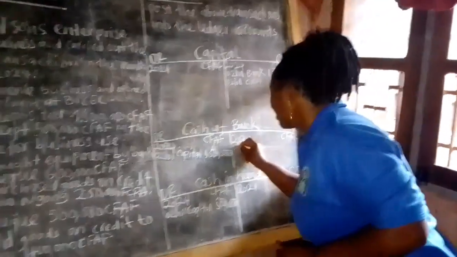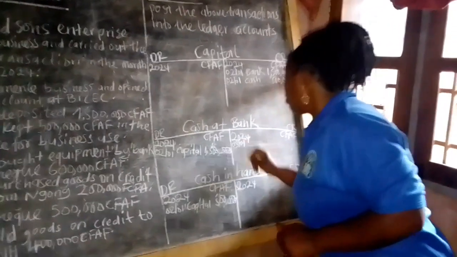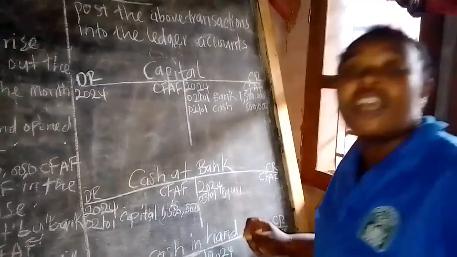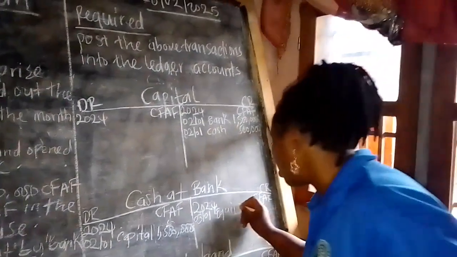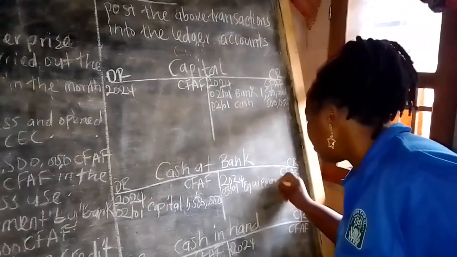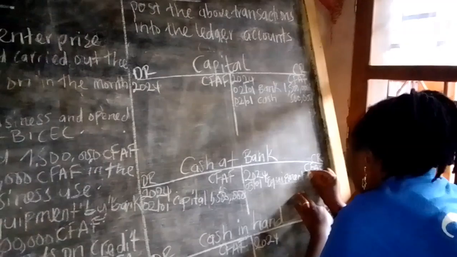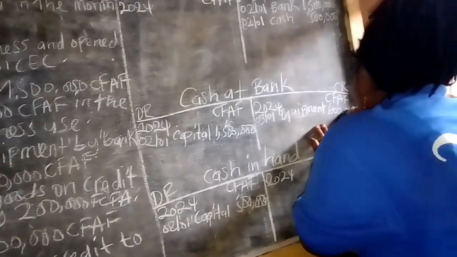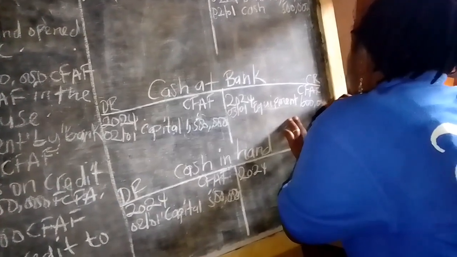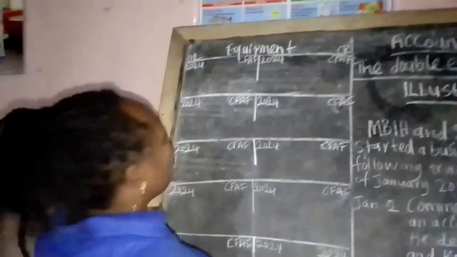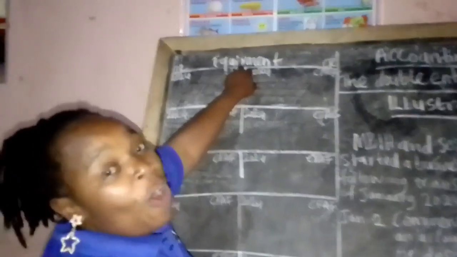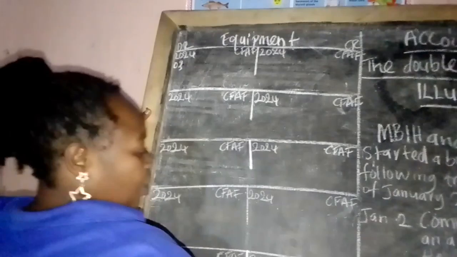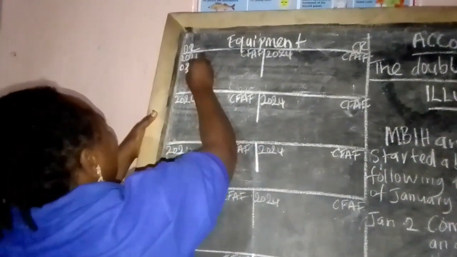So we write the date here. We put here equipment. That's the description, the corresponding entry account. Equipment with 600,000. And we also create an account for equipment. We put here the date, which was on the 3rd of January.